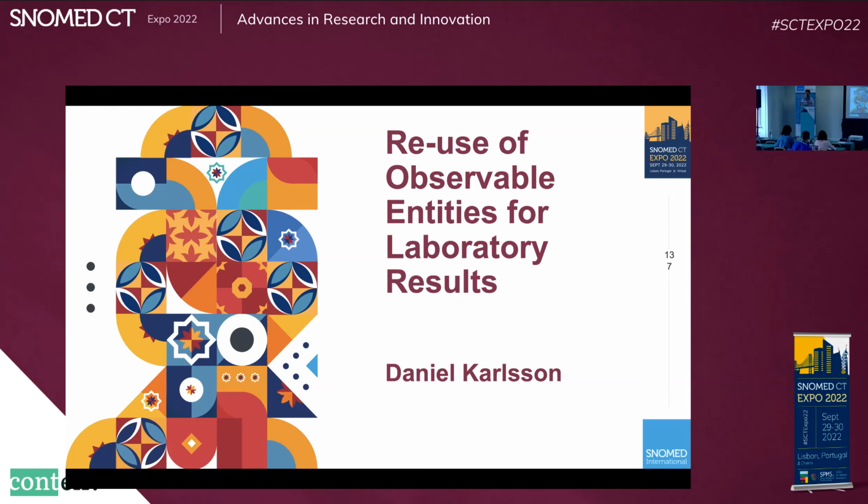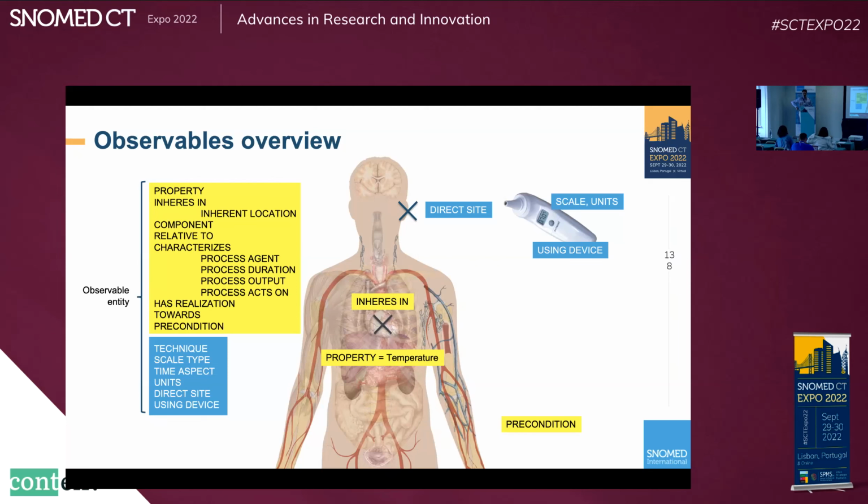And I should also acknowledge all the people who have been involved in the Observables project, some of whom are here right now, going through the work in that project group from the conception of the observables model until where we are today.